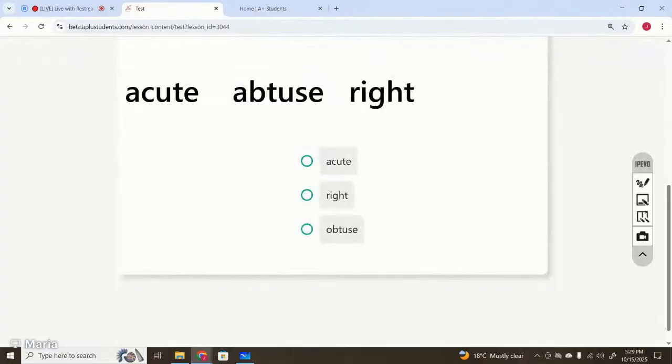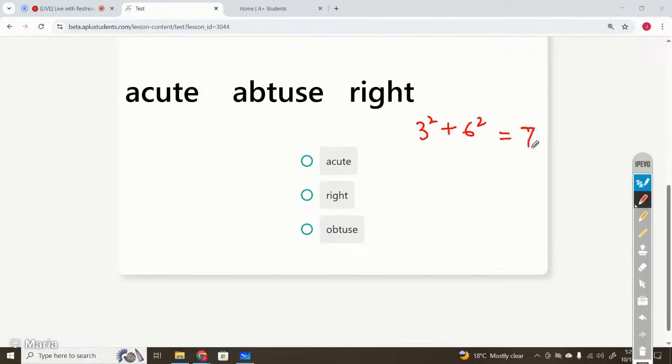3, 6, and 7. 3 squared plus 6 squared versus 7 squared. 9 plus 36 is 45, and 49 is the square of 7. 45 is less than 49. That is obtuse.